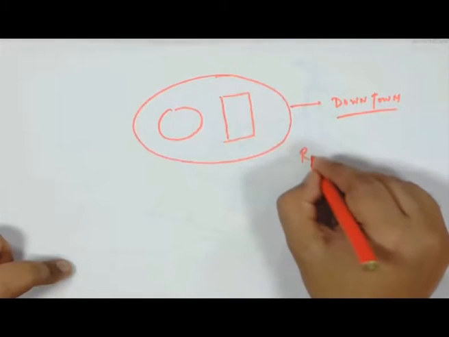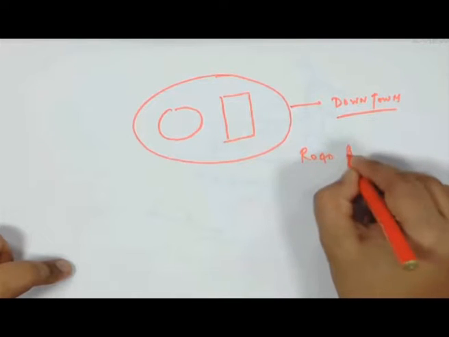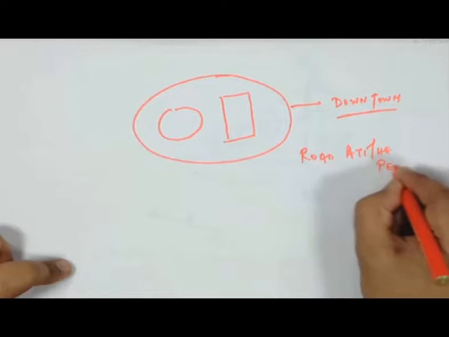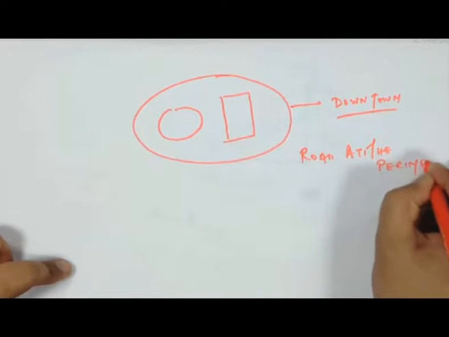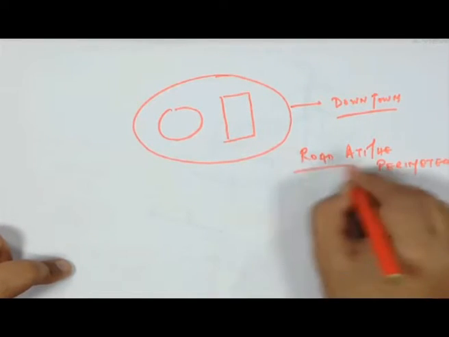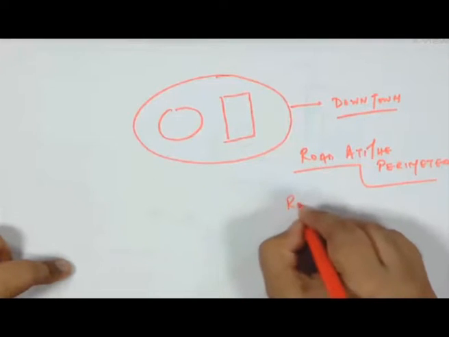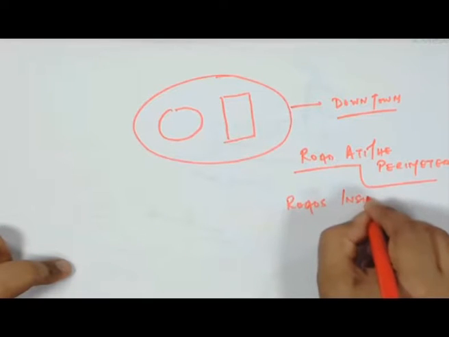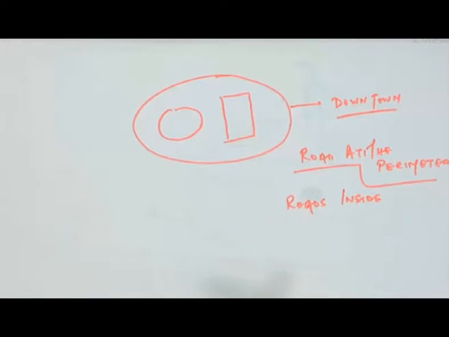There is road at the perimeter and also roads inside as it should be. Okay, roads at the perimeter and roads inside.